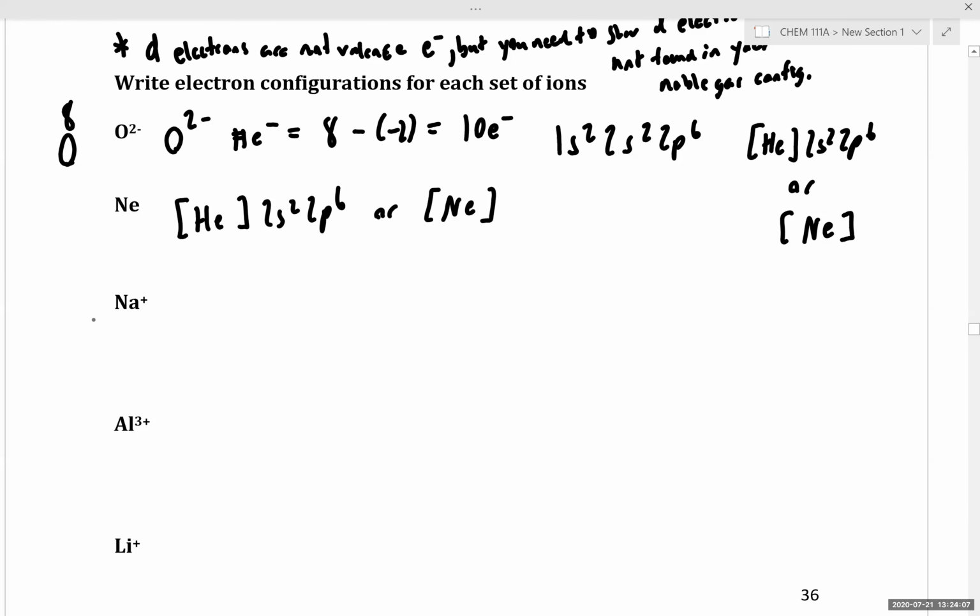I'd like you now to take a moment and write the configuration and the abbreviated configuration for the following set of 3 ions. And we'll discuss this example in about 4 minutes.